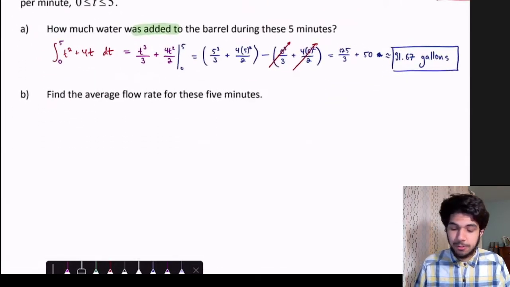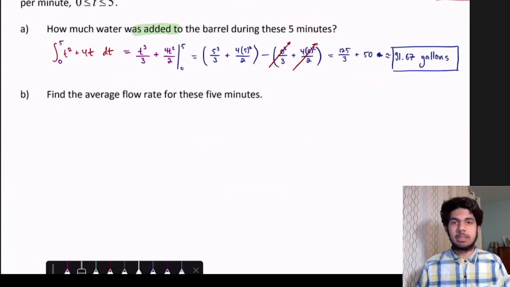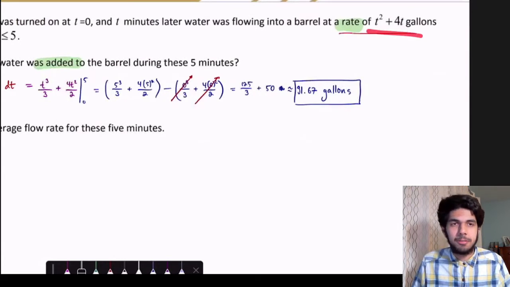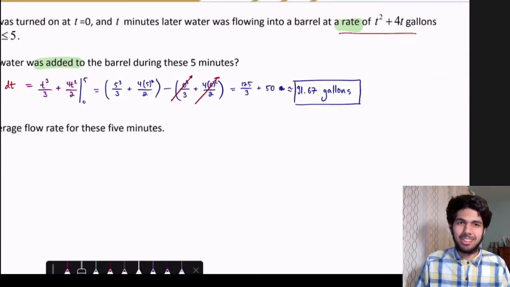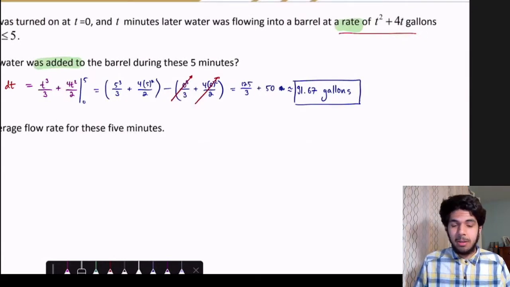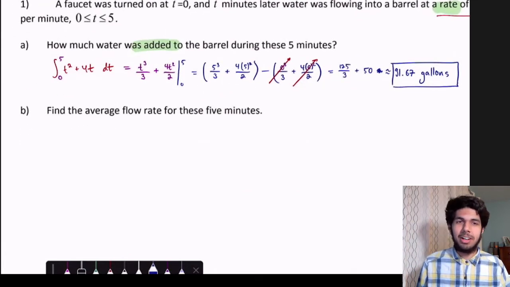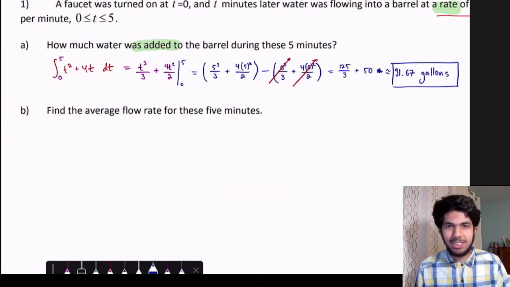Find the average flow rate for these 5 minutes. Okay, so again, we're probably going to use this rate of flow because the question asks about the flow rate. But now we need the average value of a function. Hopefully you remember this formula. If not, we have a video talking about the average value of a function.